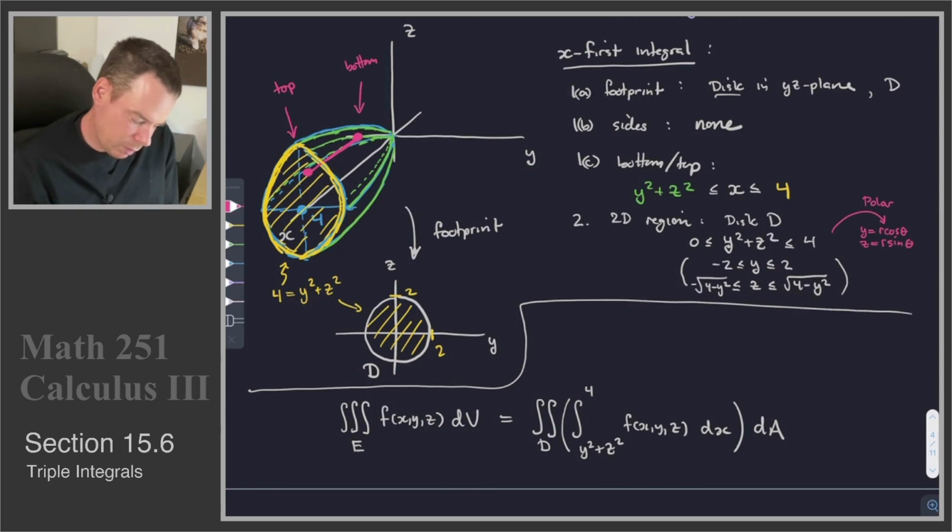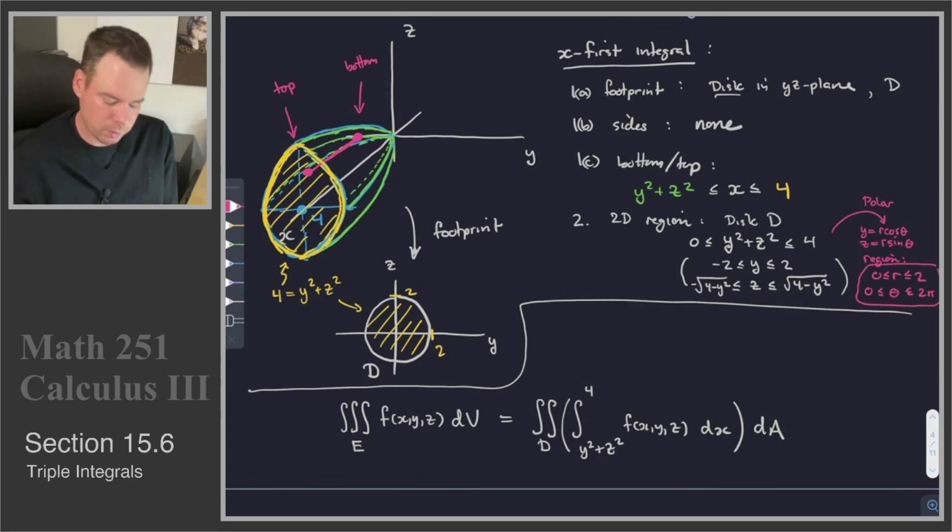So then what happens is our region, the circular disk, as described in polar coordinates, is given by r between 0 and 2, and theta between 0 and 2 pi. So there's our nice description of our 2D region in polar coordinates.